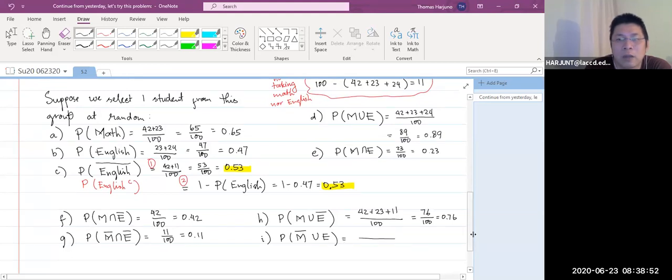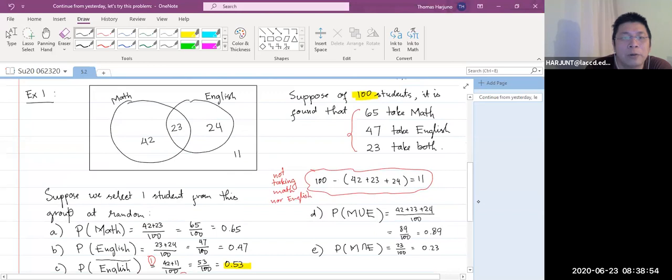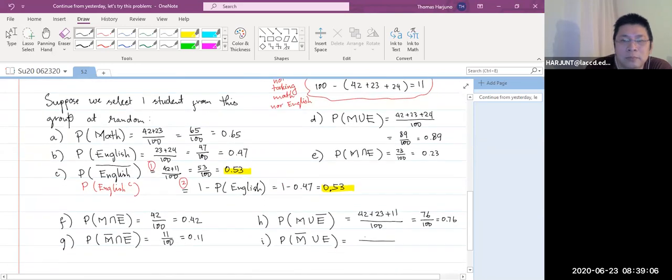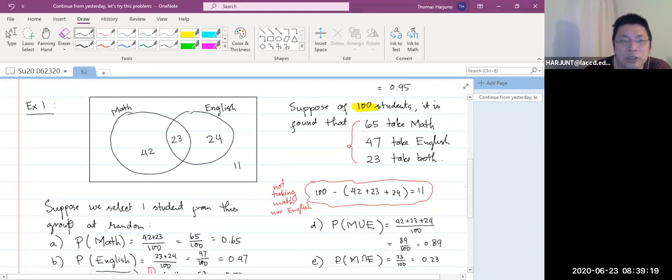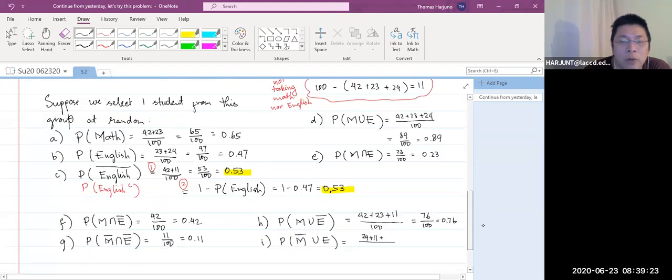Not taking math refers to how many people? Not taking math. 24 plus 11. Plus, how many of them take English? There are 23 plus 24 people taking English, right? Okay, but we already count 24, so I just add 23.